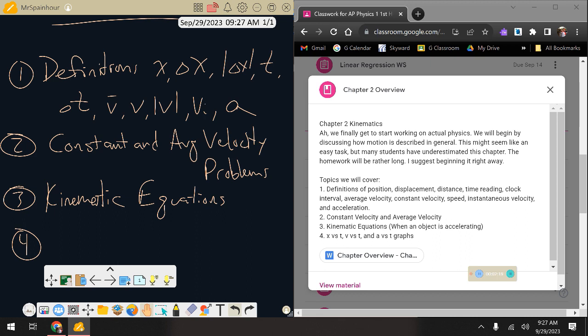Number four, x versus t, v versus t, and a versus t graphs. I mentioned this the other day, I'll say it again. The way I train you on those problems on the homework is way more complicated than what I'll probably expect on the test.